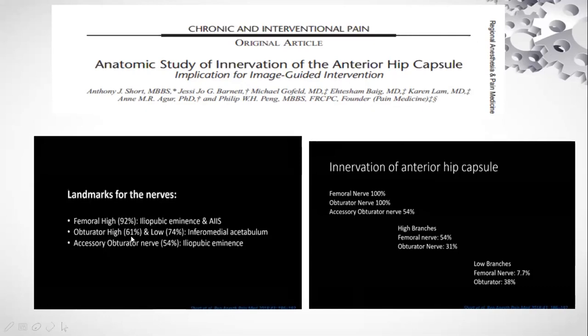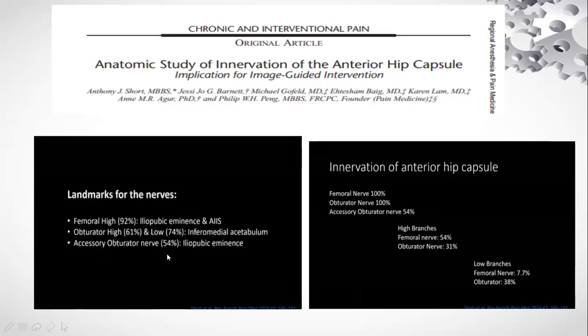Again, obturator high branches, that is before the division into the anterior and posterior divisions of the obturator nerve, are considered high branches. Obturator high branches were given in 61% of cases and 74% were given low, that is after the division. These were found in the inferomedial acetabulum.